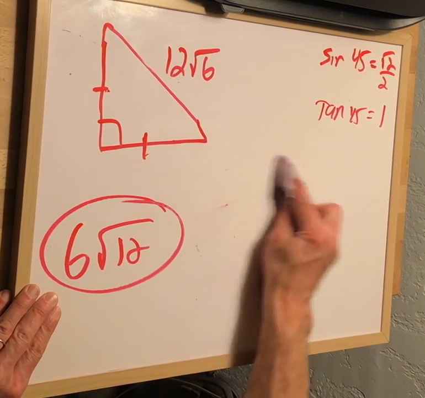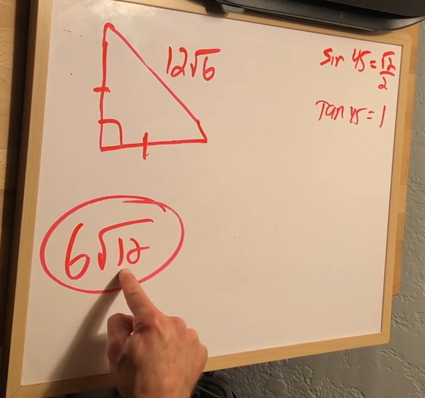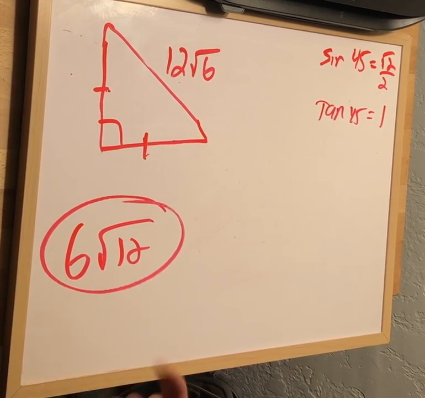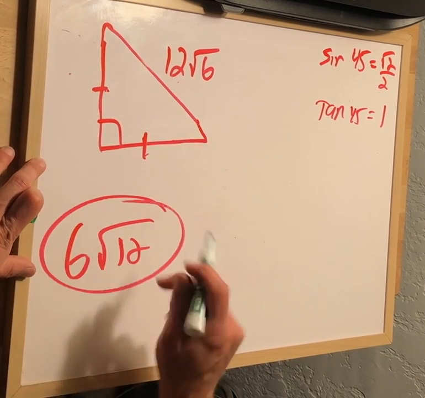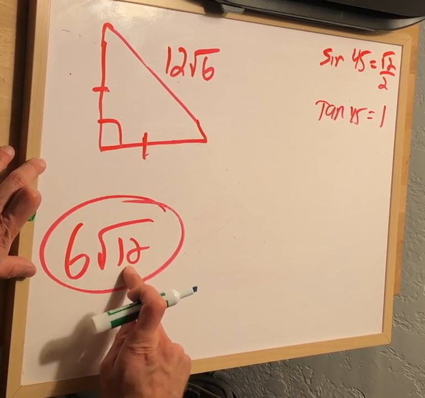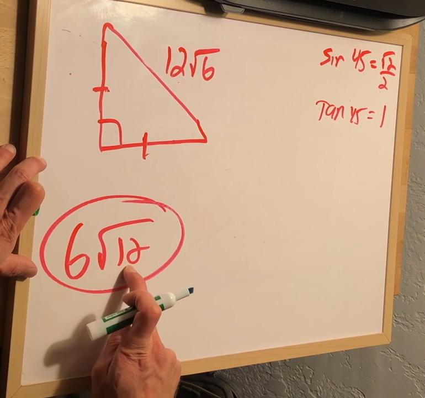All right, and you can simplify this 6 root 12 if you want. That's fine. Actually, I'll go ahead and simplify this.